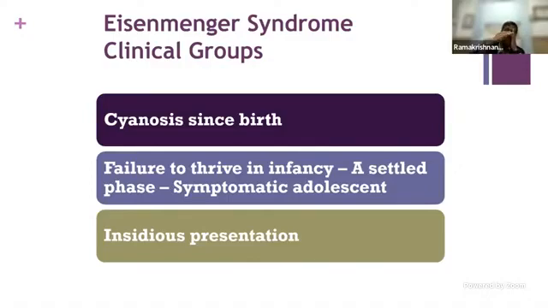Generally the PVR goes down after birth, but in some patients it just doesn't fall. This percentage is more if you have a large VSD. So the persistent fetal pattern of pulmonary vascular resistance goes on, and they never go through the phase of increased Qp. This is an important concept to understand.